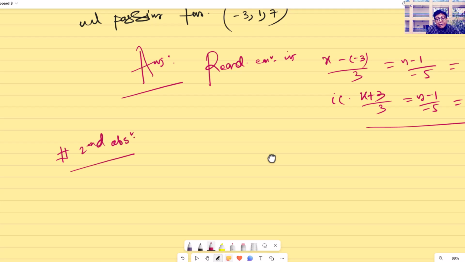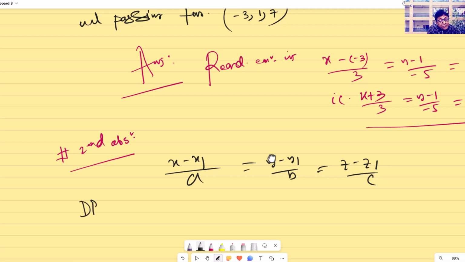See, suppose the line is given in scalar form, x minus x1 by a, y minus y1 by b, z minus z1 by c. This is scalar form. Now, the direction ratios of the line are a, b, c. What are the DCs of the line?